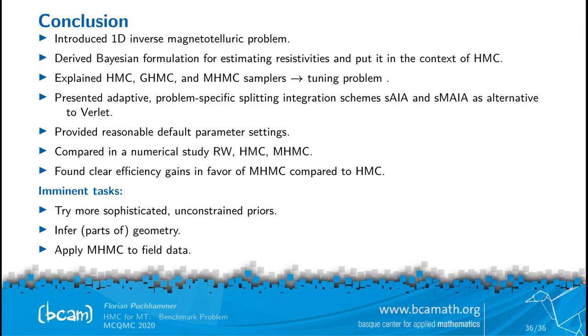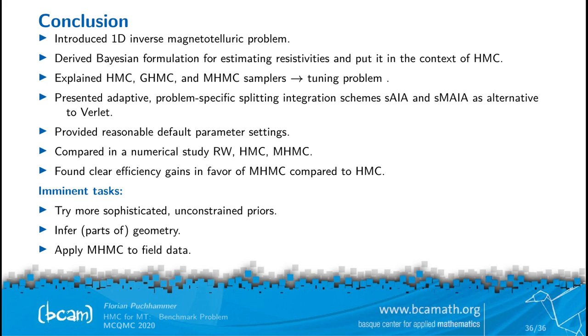So let me jump to the conclusions. What did we do today? We introduced the one-dimensional inverse magnetotelluric problem and derived a Bayesian formulation for it, and we also put it in the context of Hamiltonian Monte Carlo. I explained HMC, not so much GHMC, I forgot to remove that, sorry, and modified Hamiltonian Monte Carlo samplers, and we identified that we actually have a really delicate tuning problem.